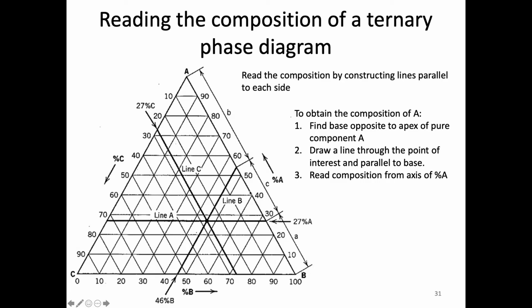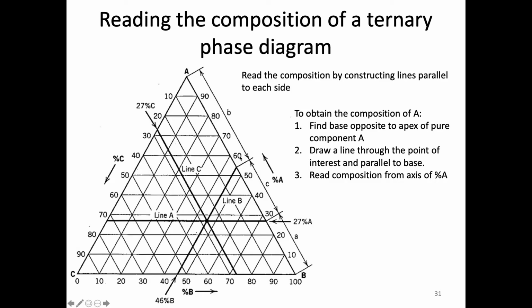All right, and then we read the compositions from the axes. So from there, where it intersects, we're going to read the different compositions. So where line A intersects the percent A line over here, we're going to read that right here. So this intersects at about 27% A. So that tells us we have 27% A at that composition.